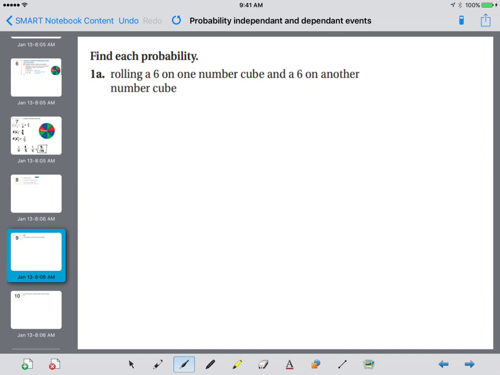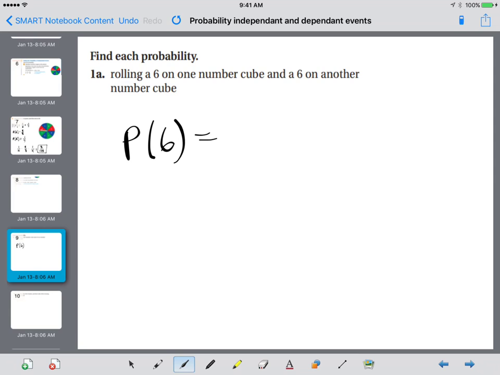So let's do this last one. I'm going to explain. We're rolling a 6 on one number cube and a 6 on another number cube. So they're 2 separate number cubes. You're rolling to get a 6. So the probability of rolling a 6, these are independent events because the first roll does not affect the second roll.